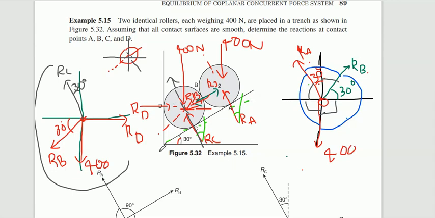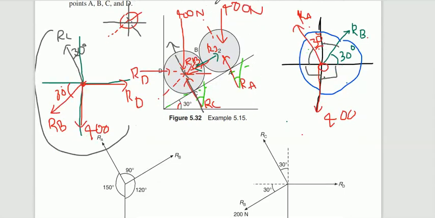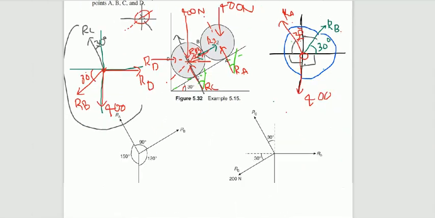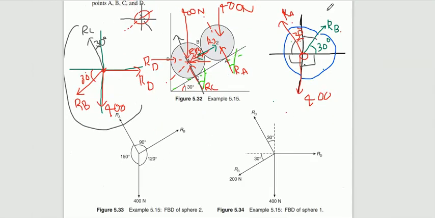Now we need to consider the free body diagram and you can apply Lami's theorem. Observe the free body diagram I have drawn here. From here to here, this is 30 plus 60, therefore it is 90. Is it clear? Yes, ma'am.